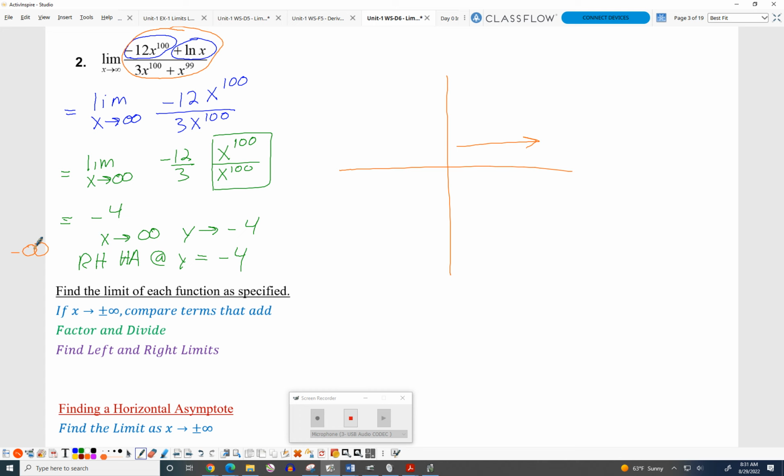But we can't do that with ln of x because we don't know what the natural log of a negative number is. So there's no way to compute any y coordinates over here. All of the y coordinates inside of this orange box, there are none. So there's nothing on that half of the plane. Two more for Trey.